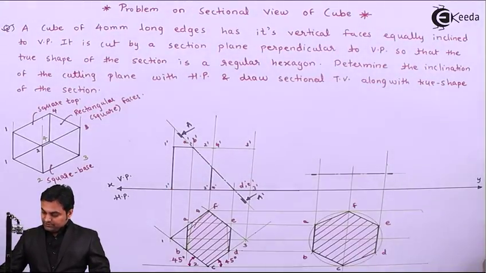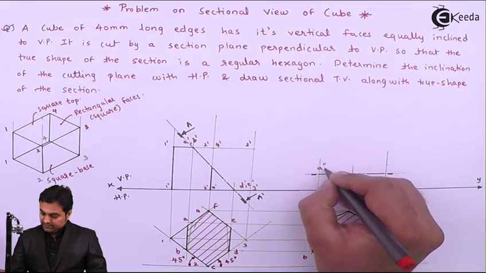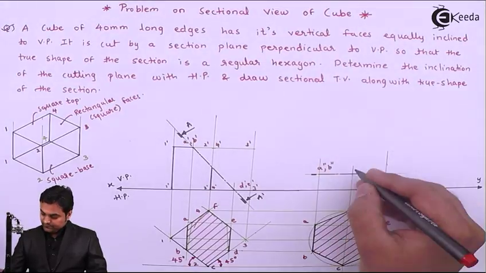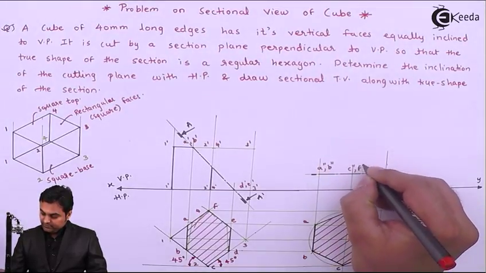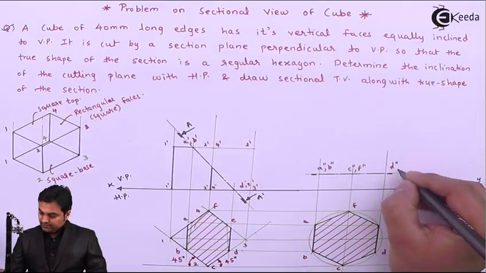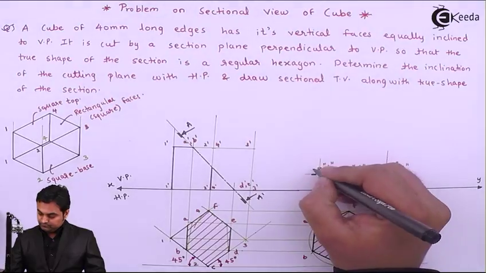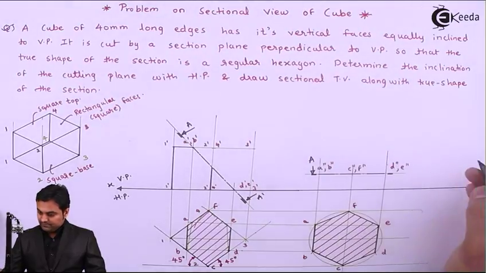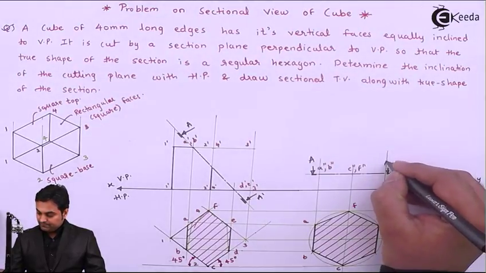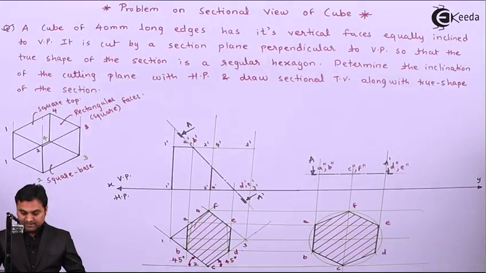Here I am getting the points A double dash, B double dash, C double dash, F double dash. This is D double dash, E double dash. Cutting plane AA dash. Next I'll be giving the dimensioning to it.